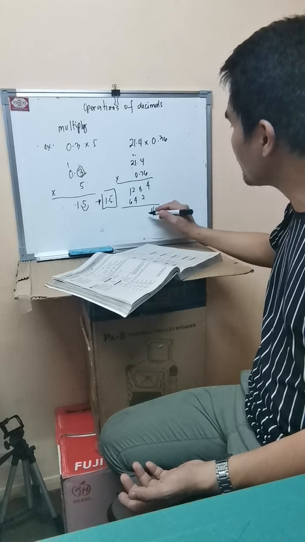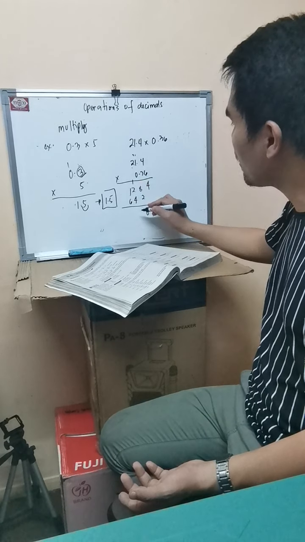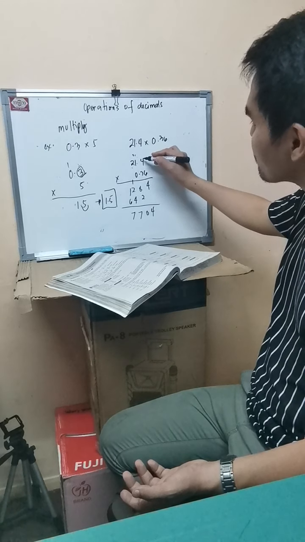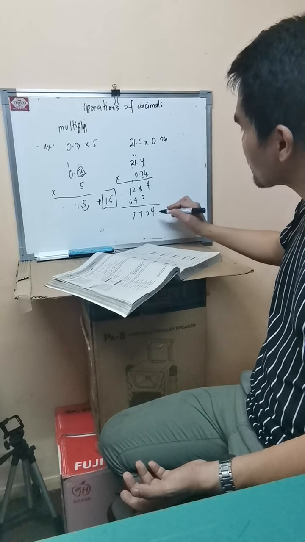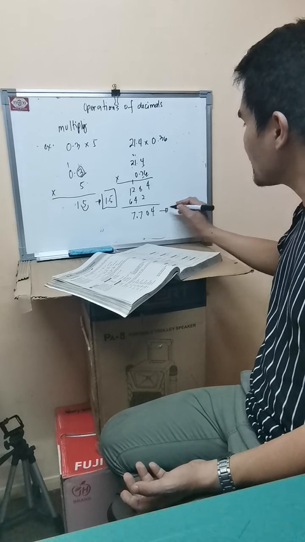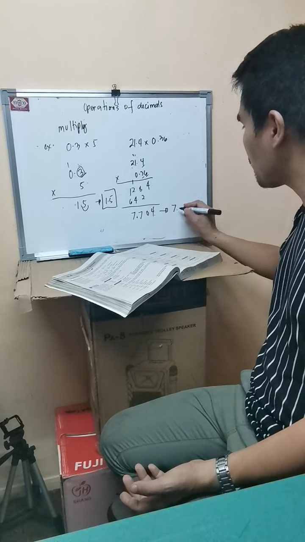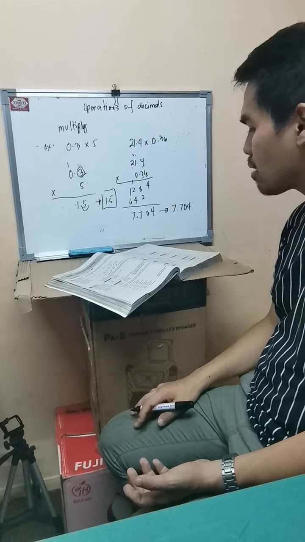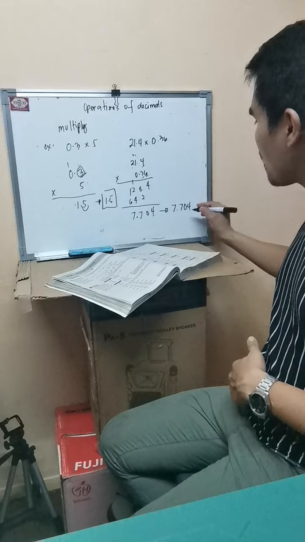Add, that's 4, 10, carry 1, that is 6, 7, this is 7. And then we have how many place values? 1, 2, 3, so that's 3, 1, 2, 3, so we have 7. Finally, our answer, if I'm going to rewrite it, is 7.704. So this is now our product.